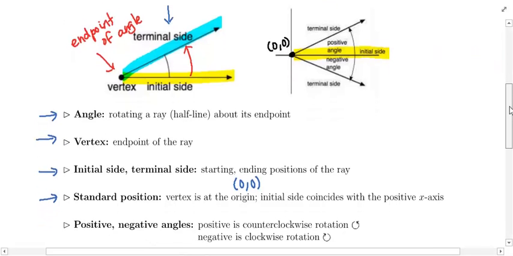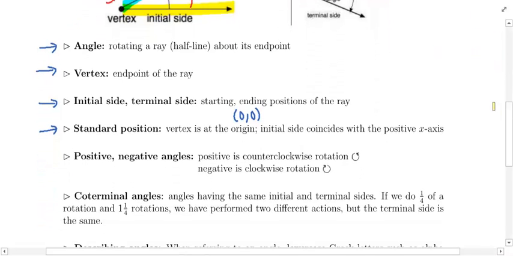If we scroll down, we can talk about the difference between a positive angle and a negative angle. You will see both in trig, so you absolutely have to know the difference. How to tell depends on the direction of rotation.